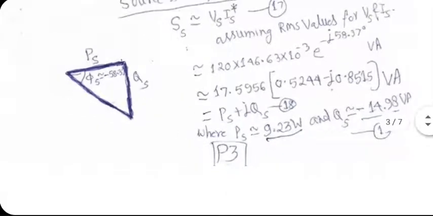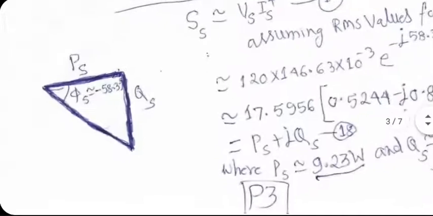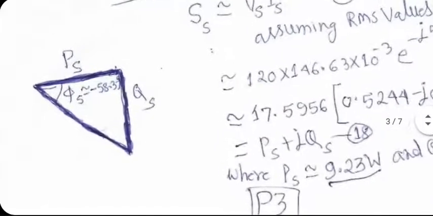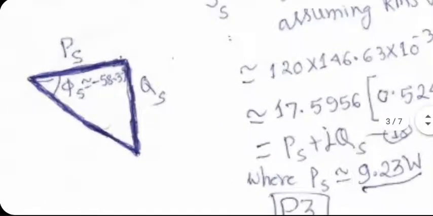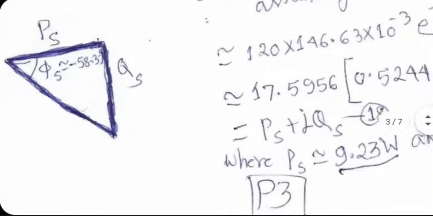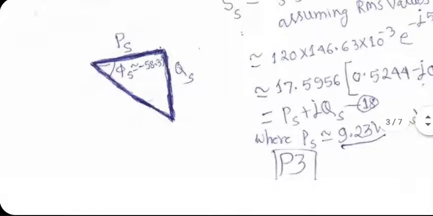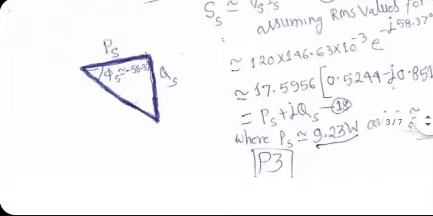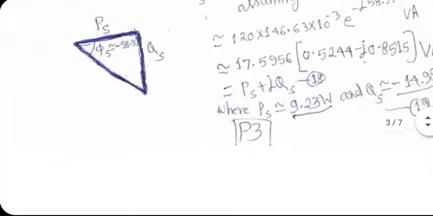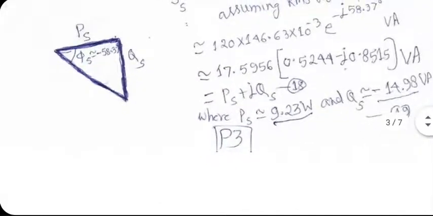So the power triangle at the source edge is what is shown here. QS is negative, so you will have a vertical line going down. And PS and QS need to be drawn as close as possible to their real values. PS is 9 point something and QS is 14 point something.